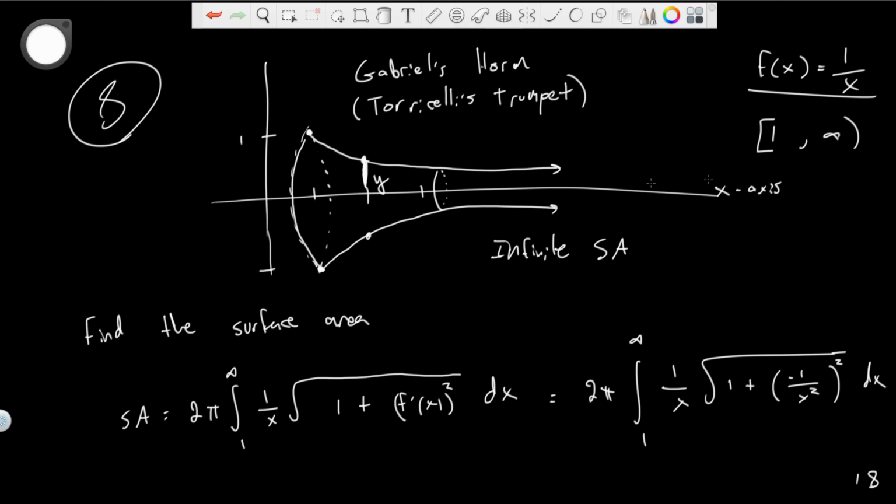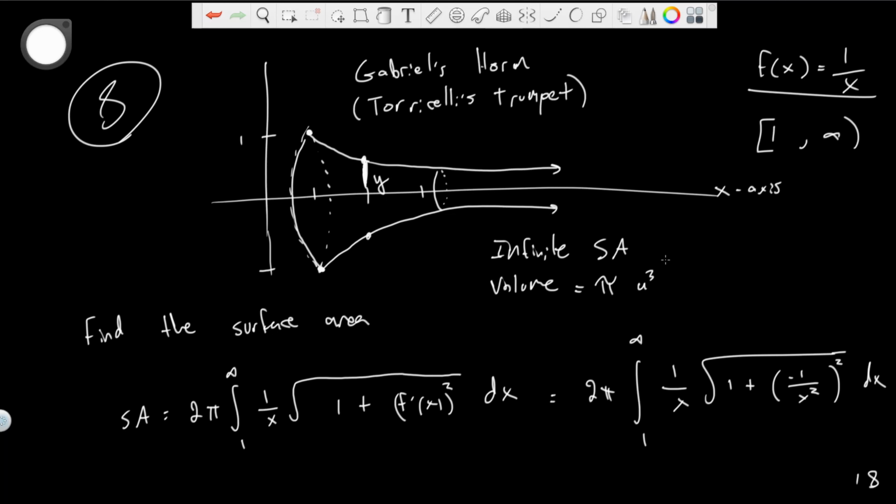This will eventually have surface area greater than 1 billion units squared. But its volume is finite. Volume is equal to pi units cubed. It has infinite surface area, but the volume of this horn will never surpass pi units cubed.